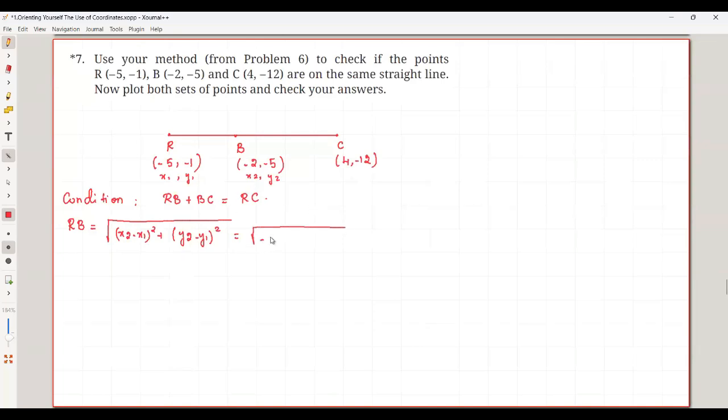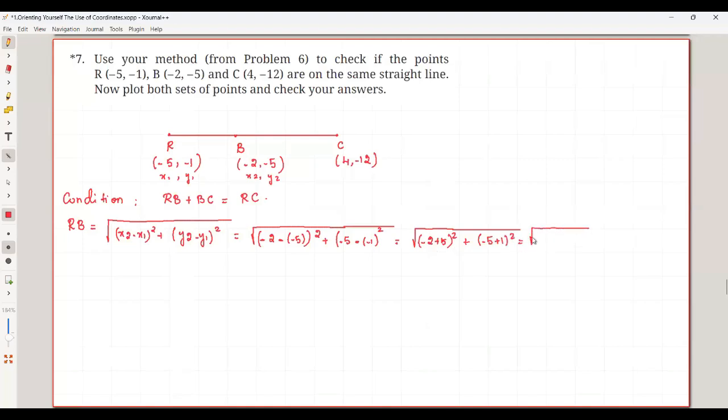X2 is -2, minus -5, the whole square, plus y2, which is -5, minus -1, the whole square. Simplify it. You'll be getting -2 minus of minus is plus 5 the whole square plus -5 minus of minus is plus 1 the whole square.